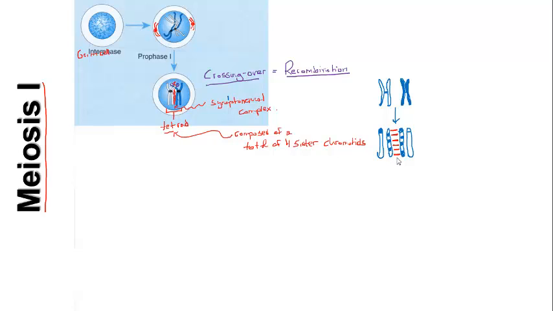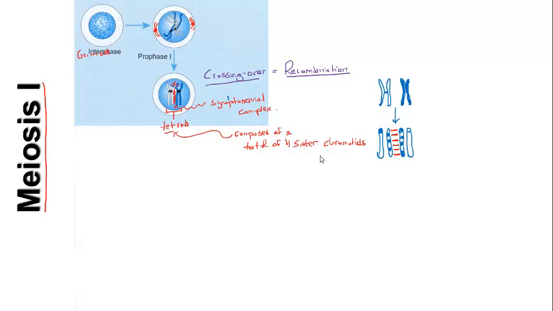So after recombination is completed, the nuclear envelope dissolves and the recombined tetrads are pulled towards the metaphase plate by the same mechanism that lined up single chromosomes at the metaphase plate in mitosis, which, if you'll remember, is the mitotic spindle. We went over all the subtleties and complexities of the formation of the mitotic spindle and the basic biophysics of why the chromosomes line up at the middle.